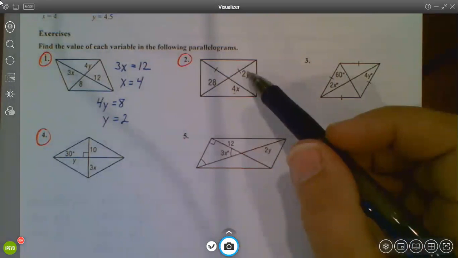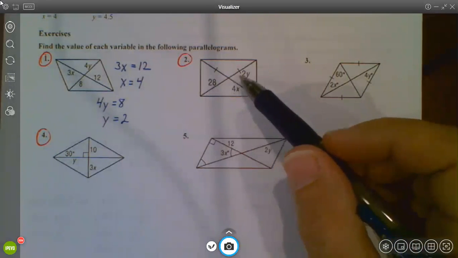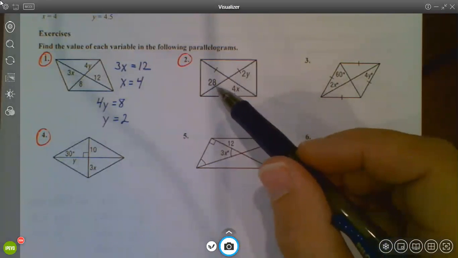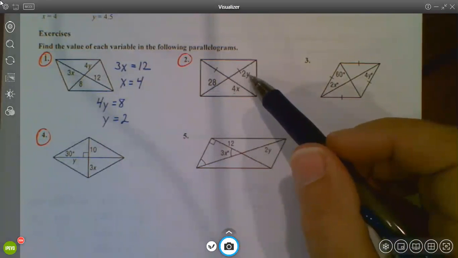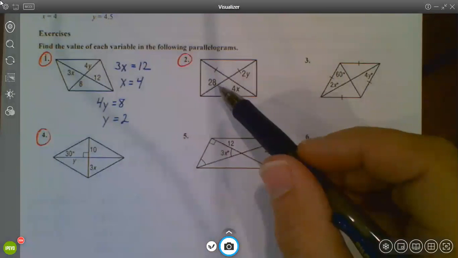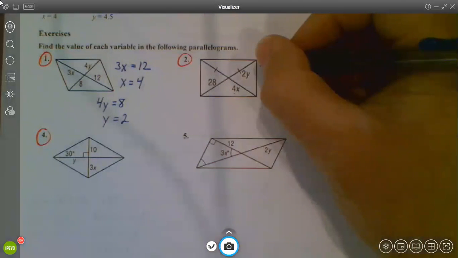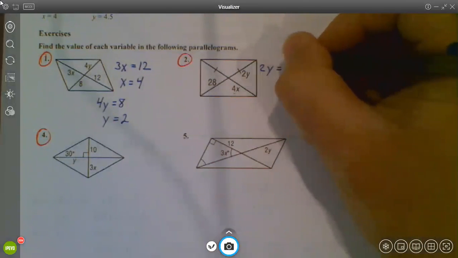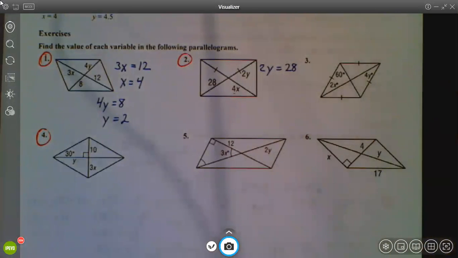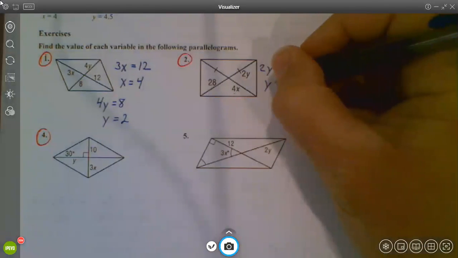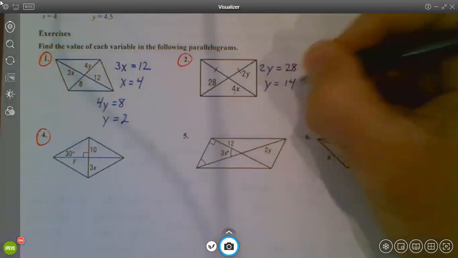So let's start with the one that we can solve, which is right here, right? So based on that same rule, I know that 2y is equal to 28, since our diagonals were bisected. So if I divide both sides by 2, we figure out y is 14.